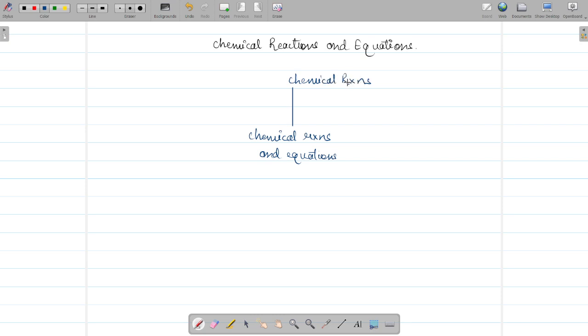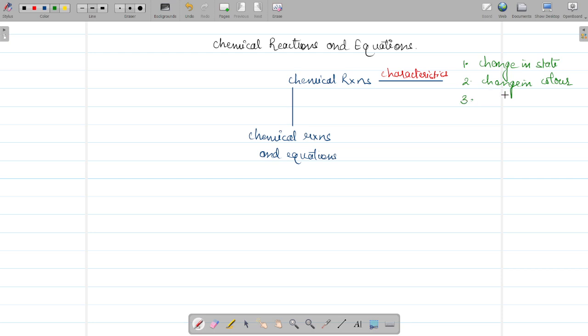Now, when we're talking about the chemical reactions, any chemical reaction can be said to be done if it follows a few characteristics. What will be the characteristics of any reaction? The first characteristic is the change in state. The second is the change in color.